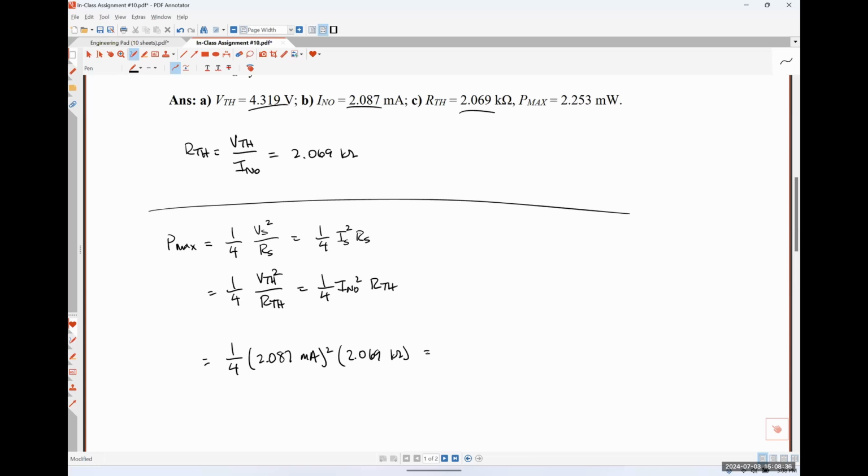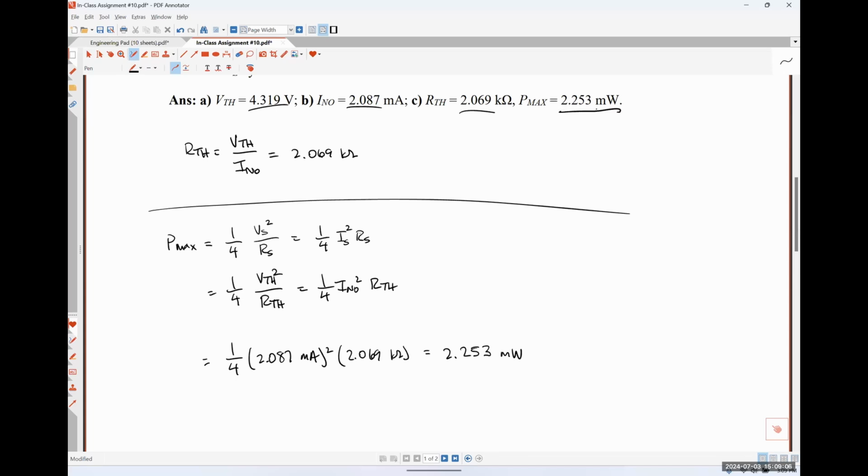So 0.25 times 0.002087 squared times 2.069 times 10 to the 3. We get 2.252918, whatever. So 2.253 milliwatts, which agrees with our answer here.